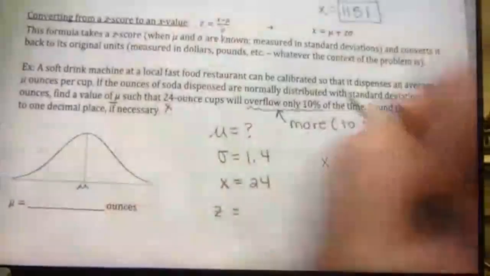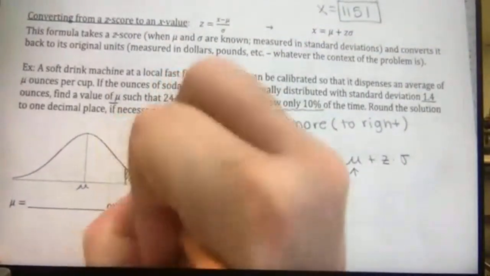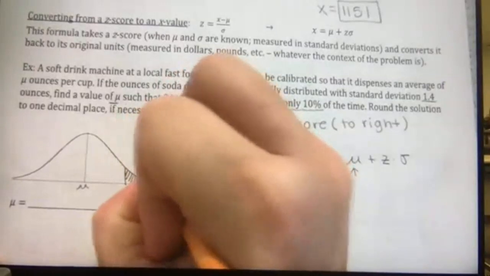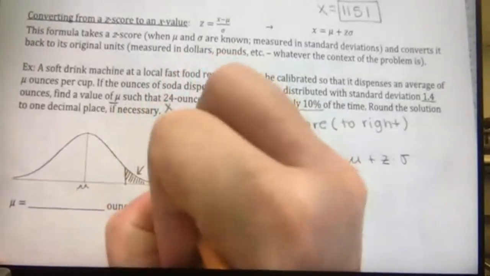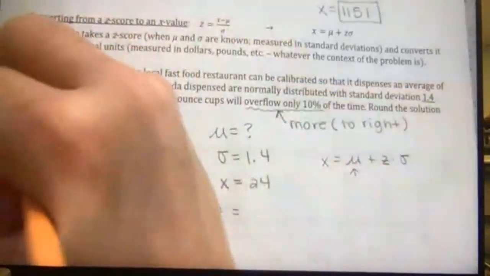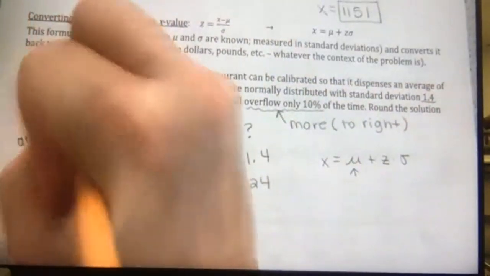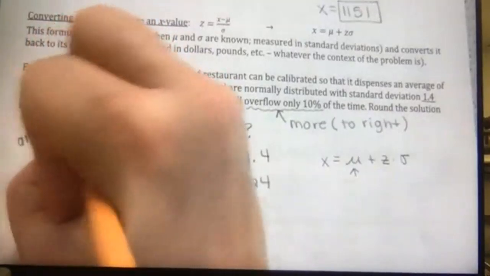And it says it's going to overflow 10% of the time. So our right tail, area to the right, is going to be 10%, which is 0.10. That means our area to the left is 1 minus 0.10, which is 0.90.